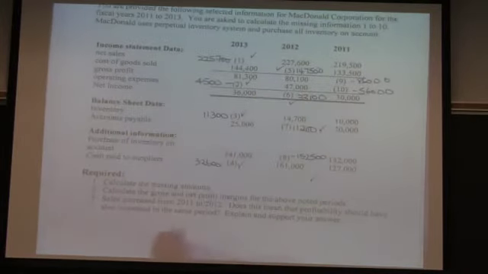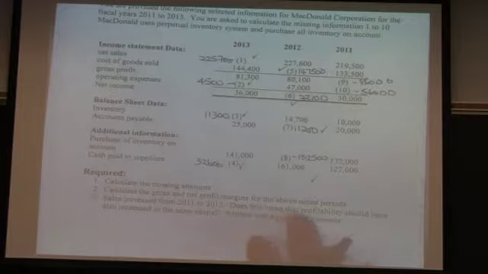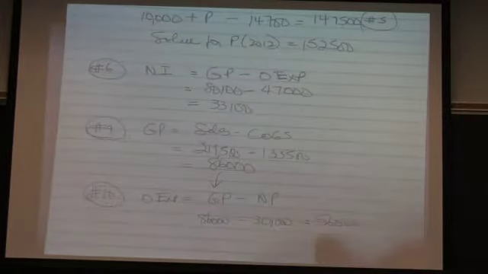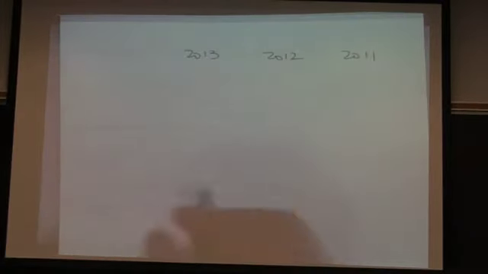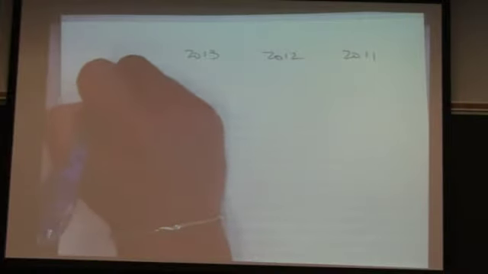Now let's look at part 2. It says calculate the gross profit and net profit for the period. So that one is not so hard. We're talking about 2013, 2012, and 2011. Gross margin is gross profit divided by net sales.